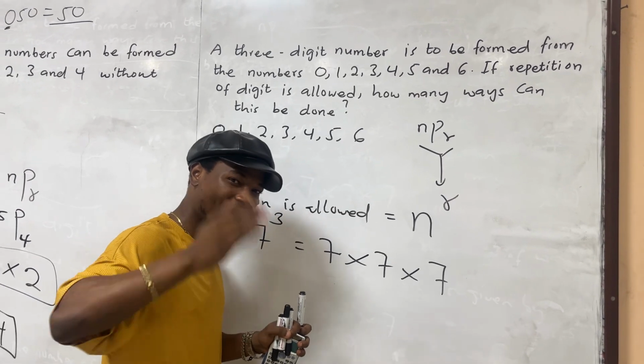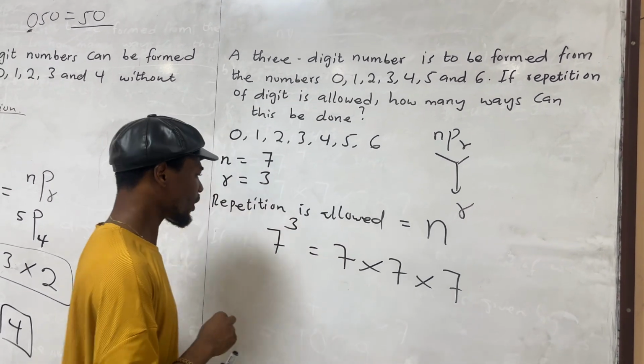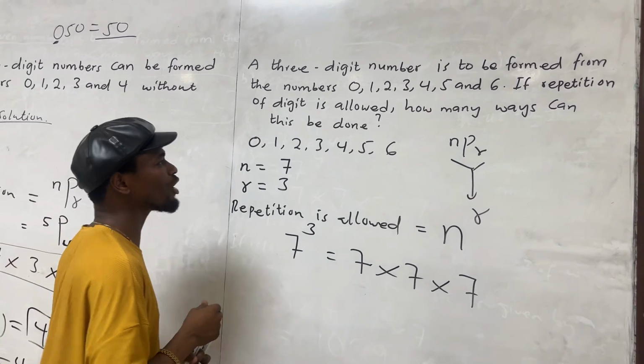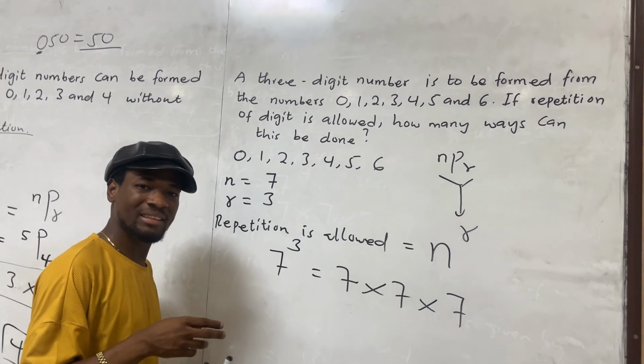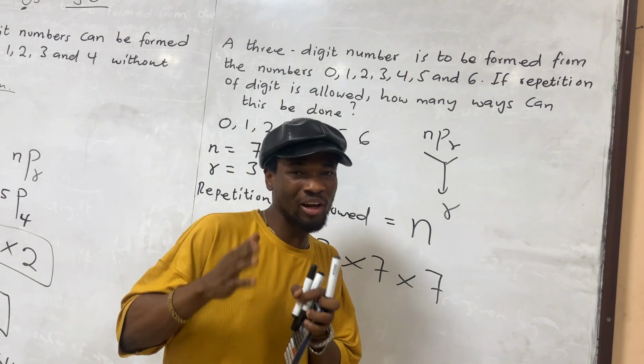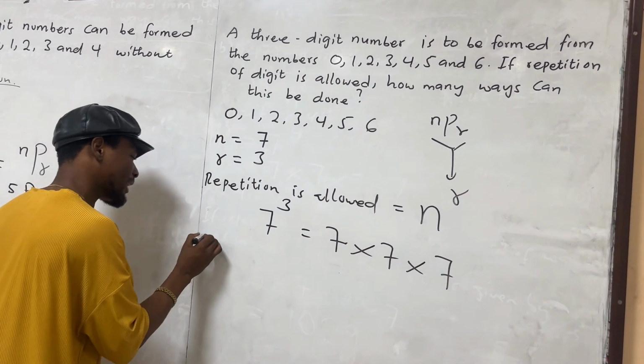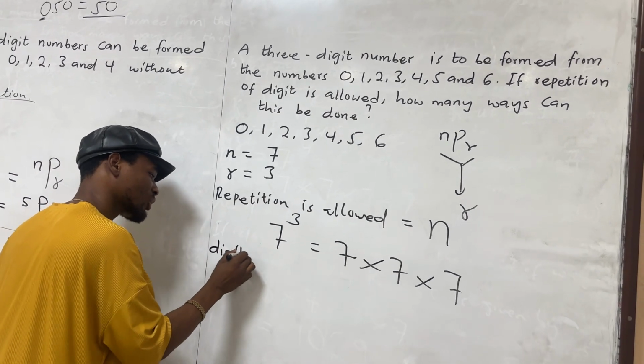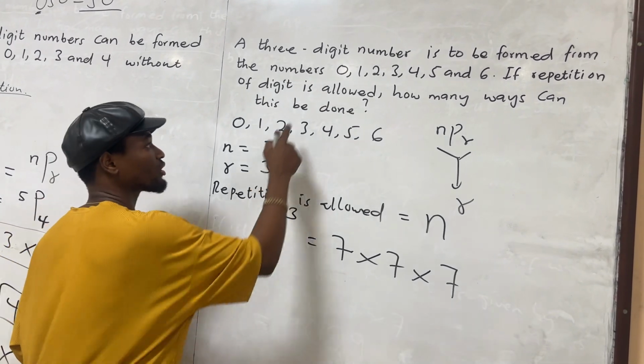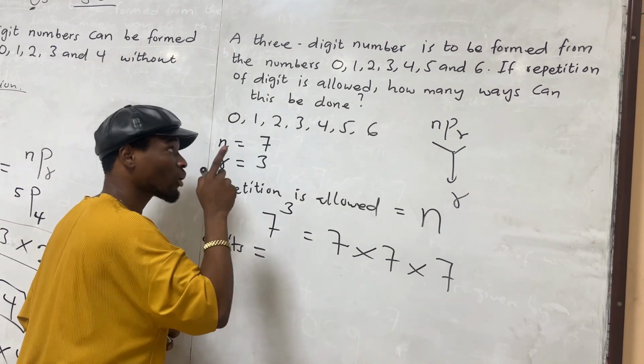Permutation has to do with arrangement. So now let's look for the proper digits. The digits here are not 0; we're going to start from 1.